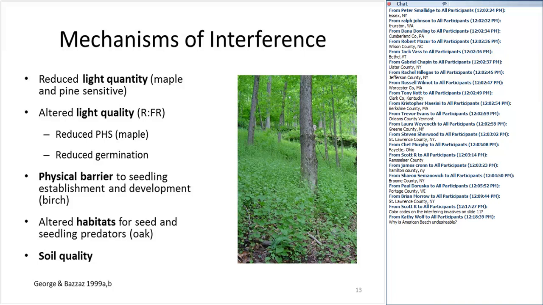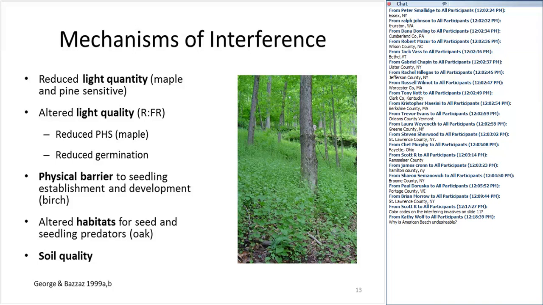As we manipulate the forest to try and regenerate the forest, we're reallocating where those red wavelengths go, and we're trying to get those red wavelengths to the forest floor where they can benefit desirable seedlings. If those red wavelengths are captured as they pass through the vertical profile of the forest by other, undesirable plant species, they preferentially take the red wavelengths, but the far red wavelengths continue on.